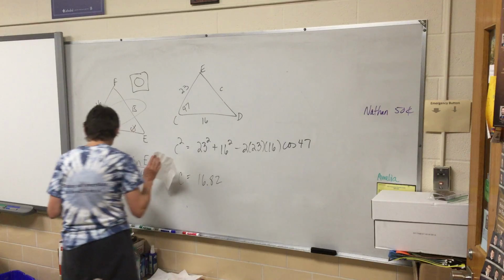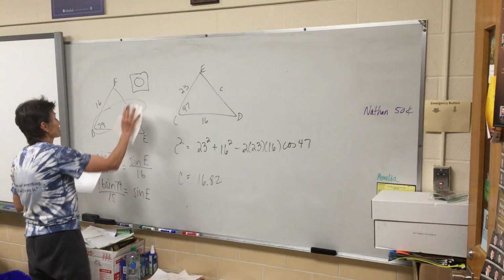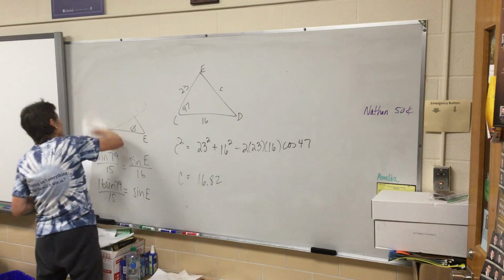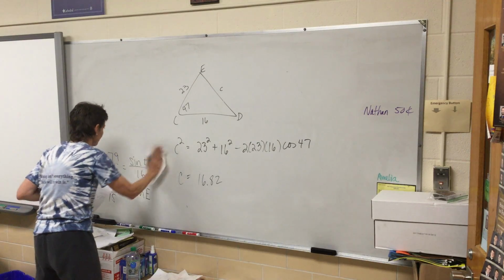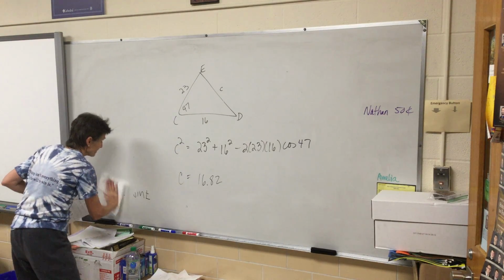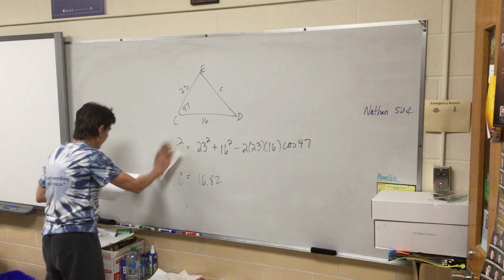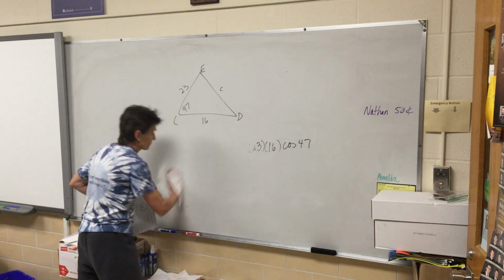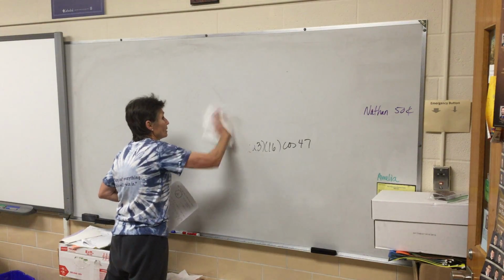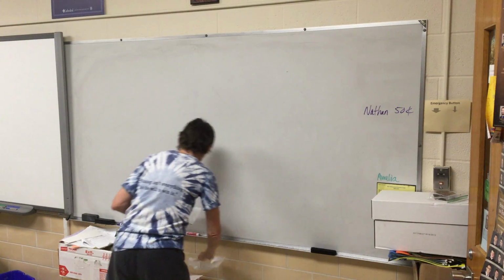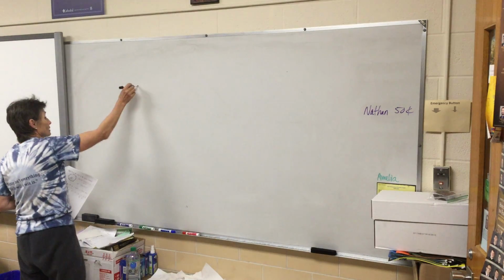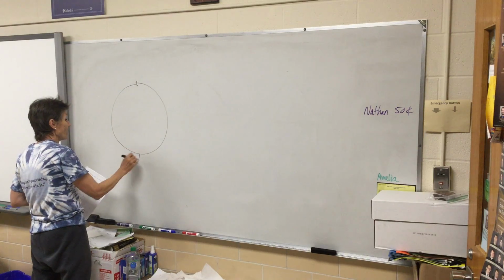Let's look at problem 25 because it is also a trigonometry problem. It says find the area of the regular octagon. So remember that a regular octagon has 8 sides.